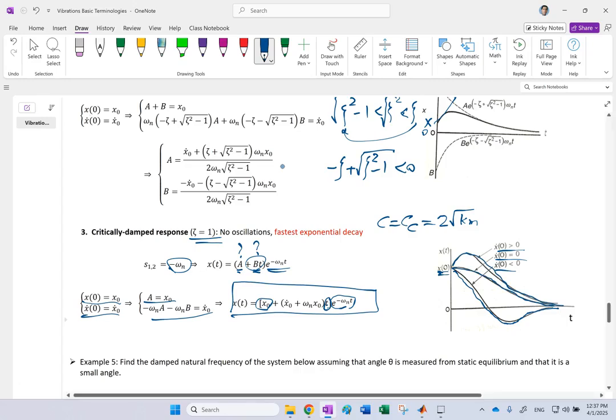The same goes if x0 is negative. So if your x0 is negative, again, depending on whether your x dot 0 is bigger than 0, less than 0, or equal 0, you have different responses. So if it's equal to 0, you're going to get this kind of response.